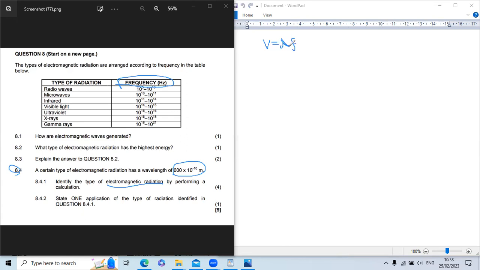And when it comes to electromagnetic radiation, to be specific, they travel at the speed of light in a vacuum. And this speed of light has a specific symbol, which is c.